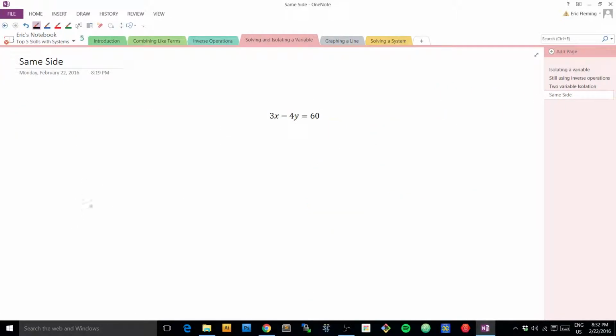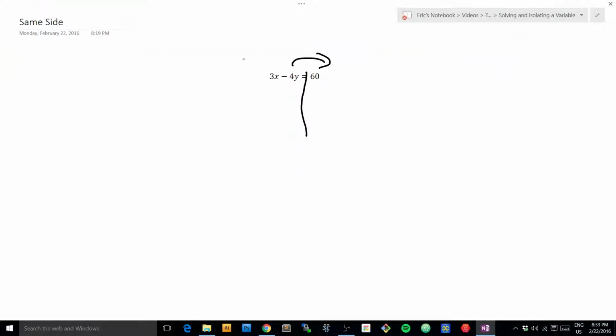So right here, this time we have x and y on the same side of the equal sign. They're buddy-buddy. The problem is if our goal is to isolate one, it's going to need to move to the other side of the equal sign.